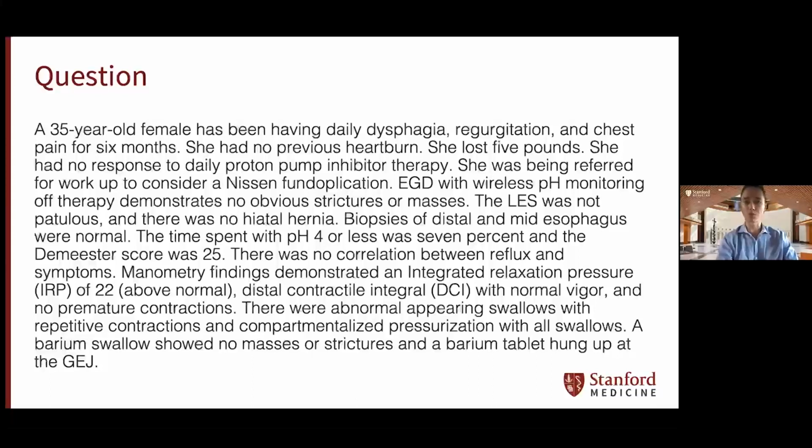There were abnormal appearing swallows with repetitive contractions and compartmentalized pressurization with all swallows. A barium swallow showed no masses or strictures, and a barium tablet did get hung up at the gastroesophageal junction.